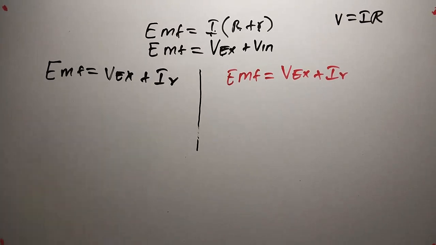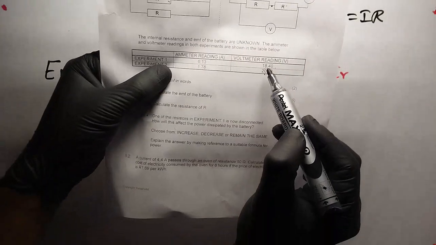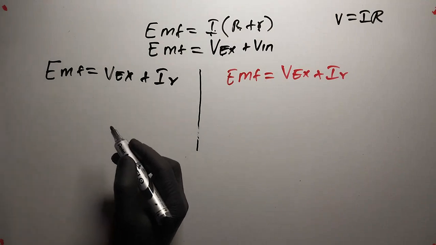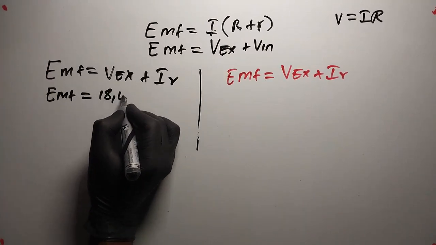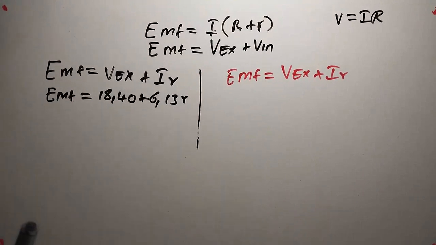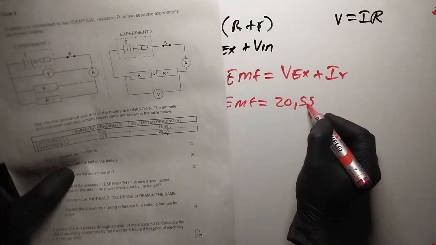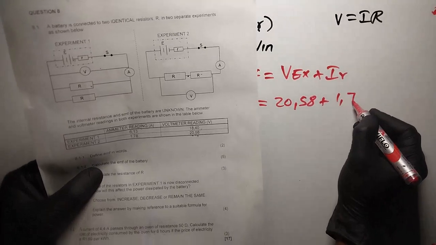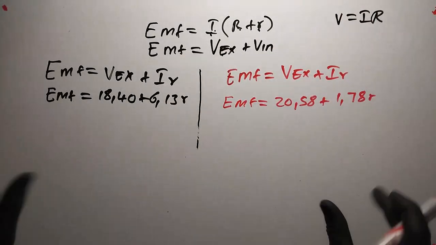Checking the diagram, the ammeter reading is 6.13 in experiment 1, and the external voltage is 18.40, so EMF equals 18.40 plus 6.13 r. Then the other one, same thing: EMF equals 20.58 plus 1.78 r, because the current is the same inside the battery and outside the battery.